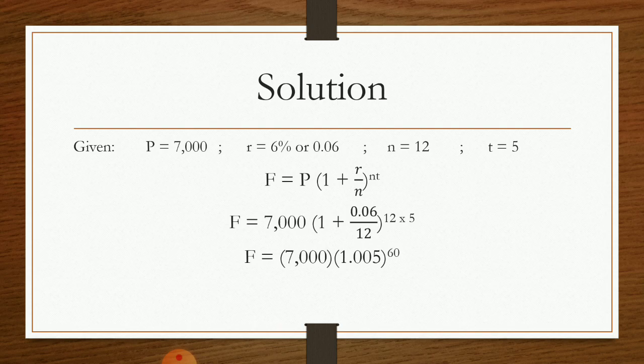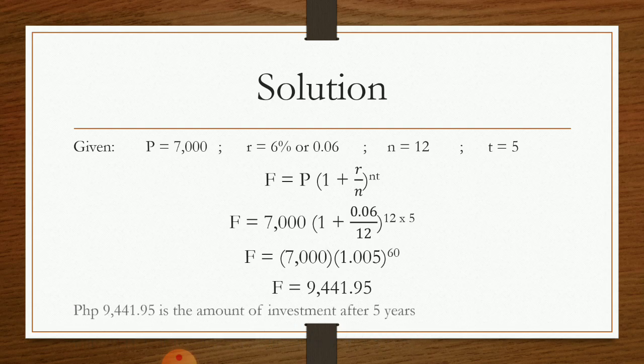So that is 7,000 times 1.005 raised to 60. So the final answer is 9,441.95. Therefore, the amount of 9,441.95 Philippine peso is the amount of investment after 5 years.